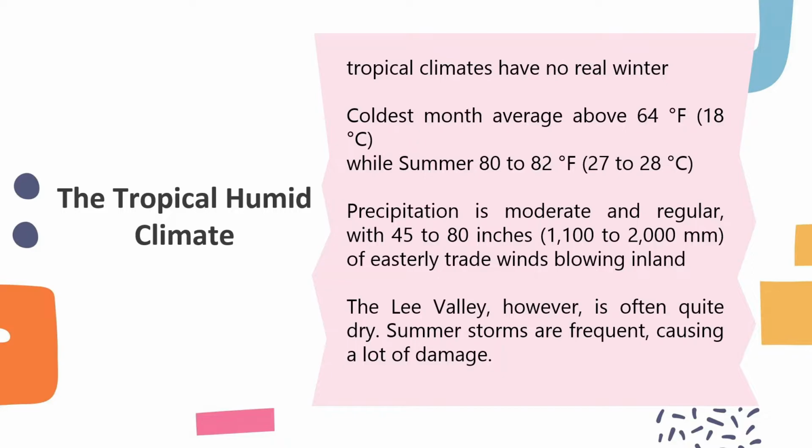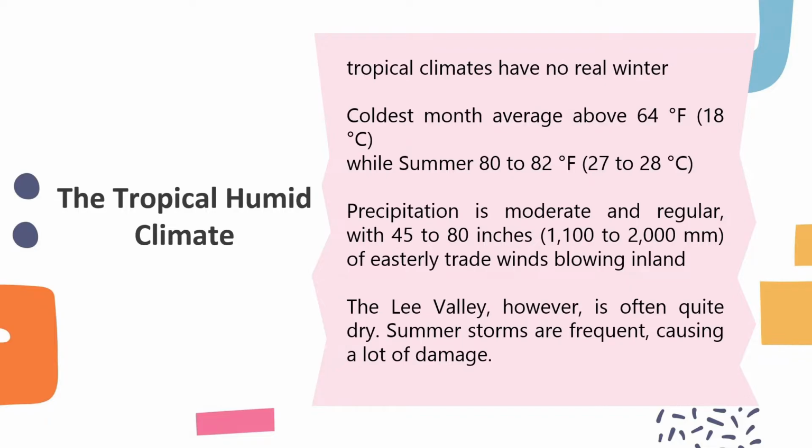Okay, the next is the tropical humid climate. Central America, with its tropical humid climate, has no real winter. Even the coldest month averages above 64 Fahrenheit, with summers of 80 to 82 Fahrenheit or 27 to 28 Celsius.